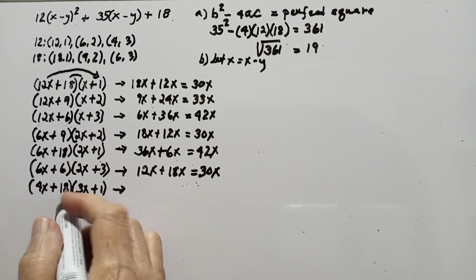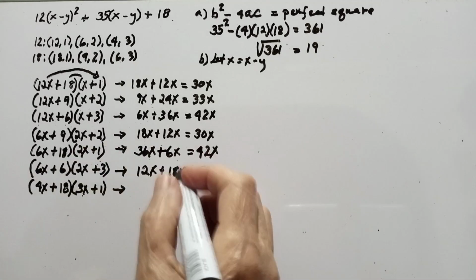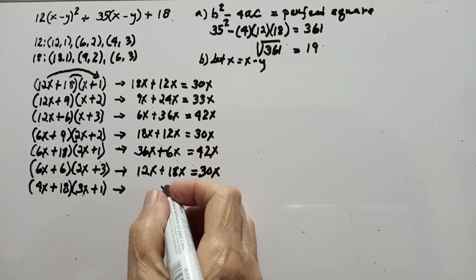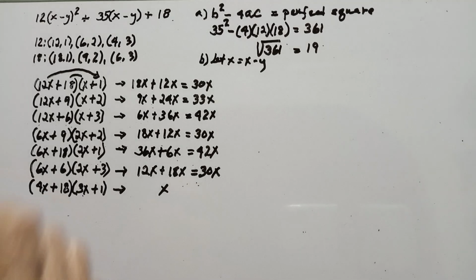So this one is rejected. Do not compute this one anymore. You just reject, so save time.